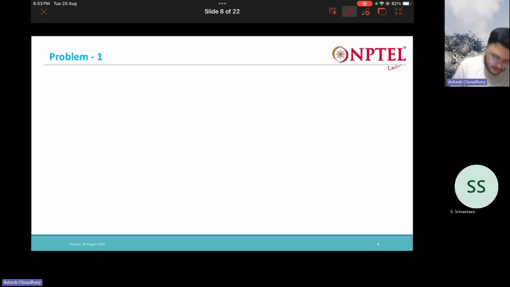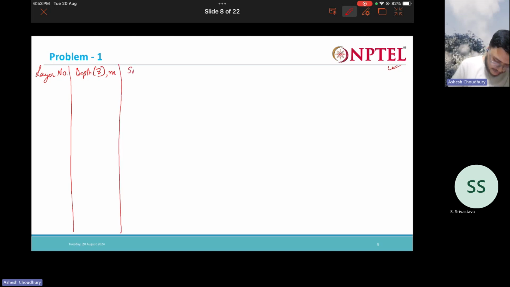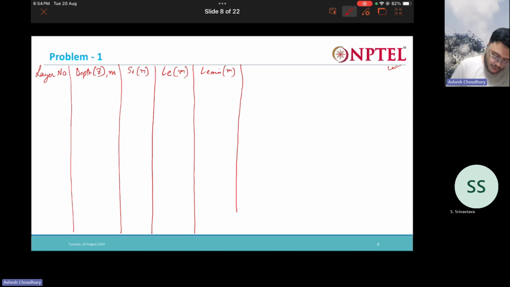What we'll do, we'll put the layer number, then we have depth Z in meters, then the vertical spacing SV in meters, then we have LE, the embedment length that we are going to calculate at a particular depth for a particular spacing, in meters.